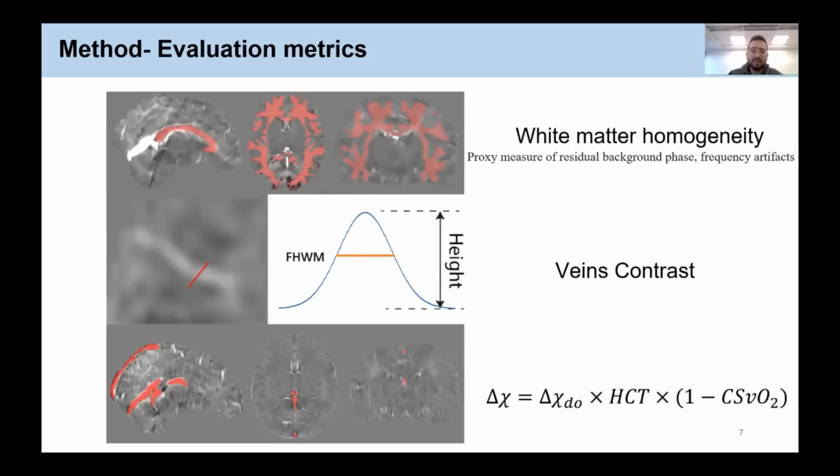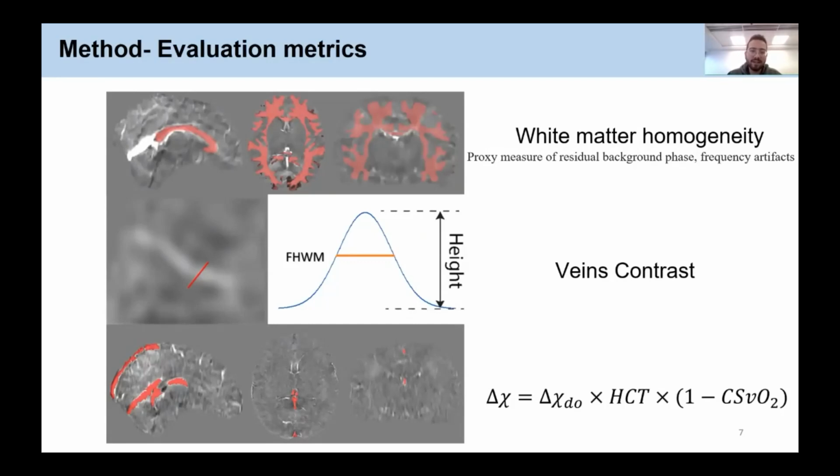In order to compare these methods, I'll be presenting two quality metrics. The first one is the white matter homogeneity, which can be considered as a proxy measure for residual background and frequency artifact. The second one is the vein contrast, which can be obtained by drawing a perpendicular line to the veins in order to get the profile graph, and by dividing the maximum intensity by the full width at half maximum, we can get the vein contrast.